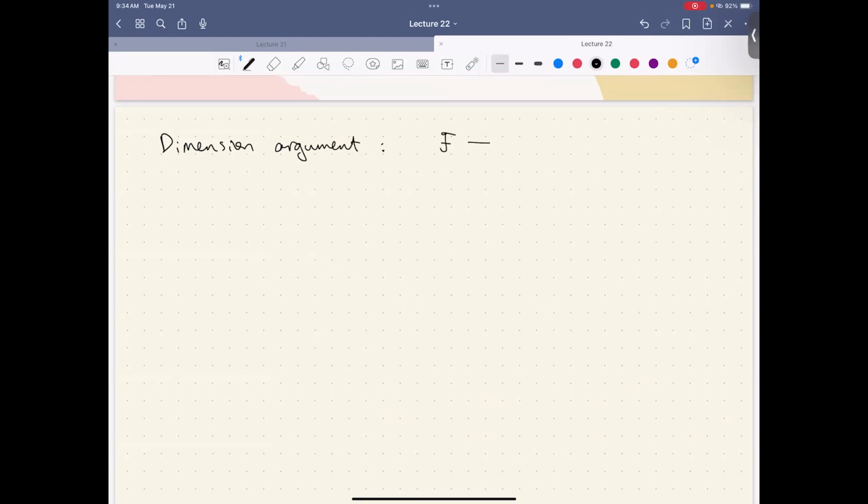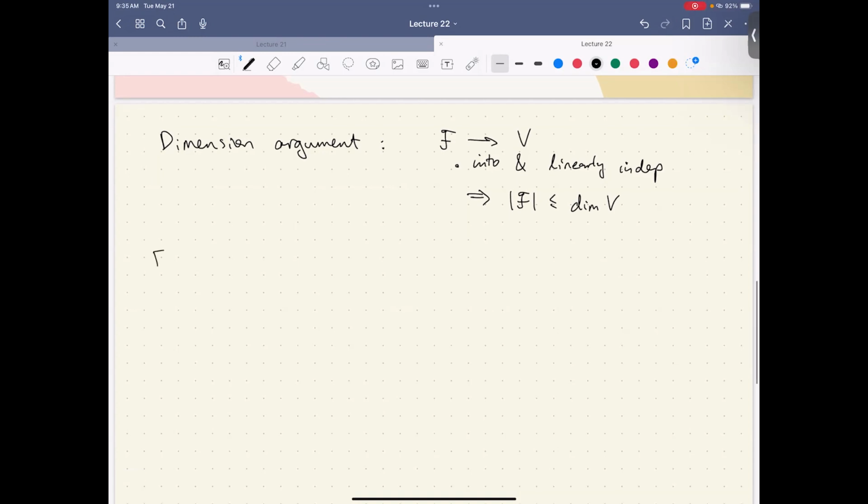The idea is we map it to some vector space such that this is injective, and the image is linearly independent. From this, we get that the size of F, the same as its image, is at most the dimension, because of the independence in the vector space. We saw several examples, and one nice typical example is a classical one, Frankl-Wilson.